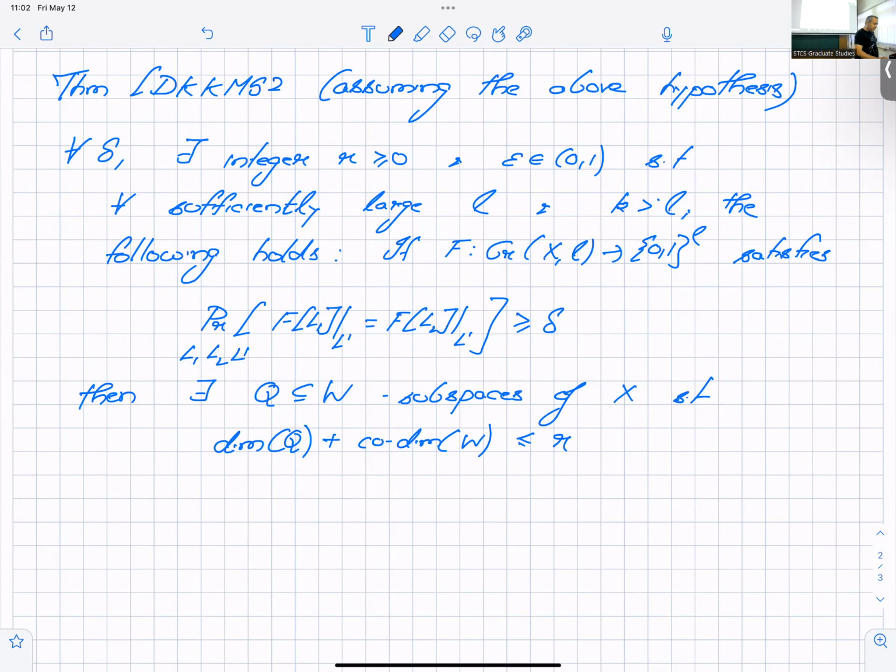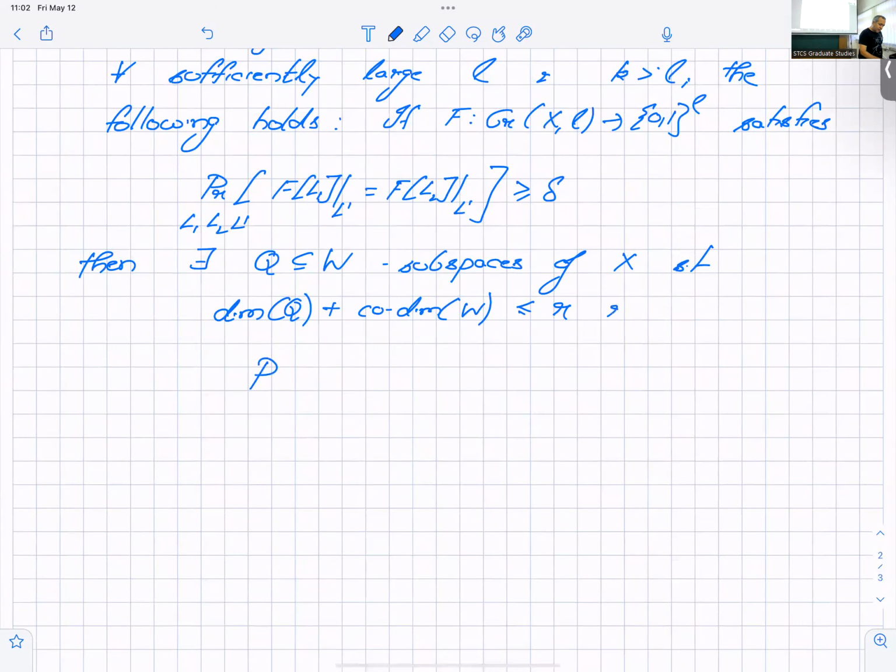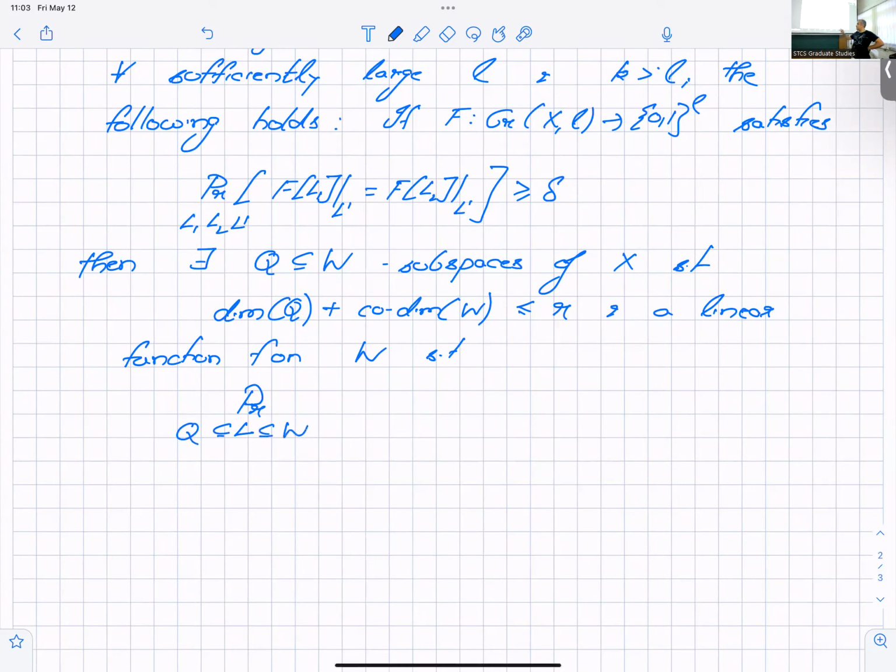So if you zoom into this part of the graph, there is a linear function f on W, such that the probability, when you pick an L not completely at random but from this Q and W, and also the dimension of L is L, that f of L is actually f restricted to L, is at least significant.